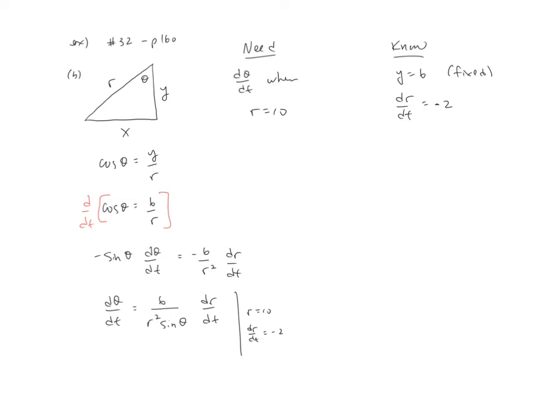But we can kind of beat the system a little bit here. Theta would be important to know. However, if we simply know that sine of theta is going to be equal to that x over r from our picture up here, so sine of theta would be the x over the r, and we know that the x value was 8 from the previous problem, right?